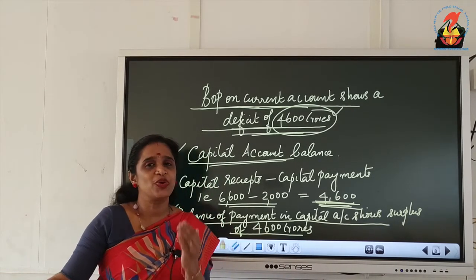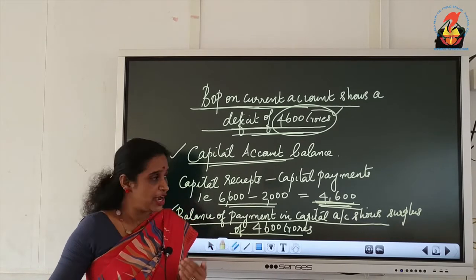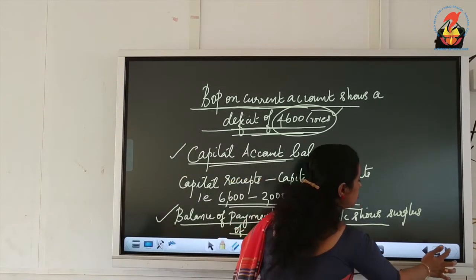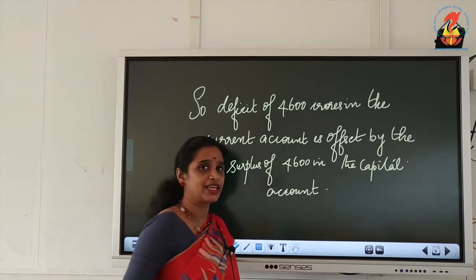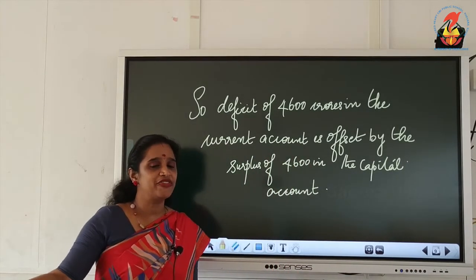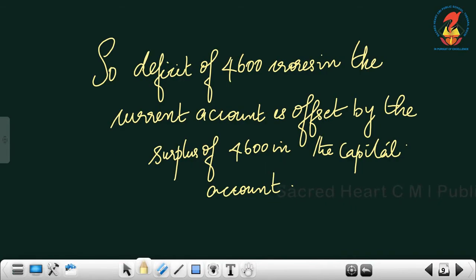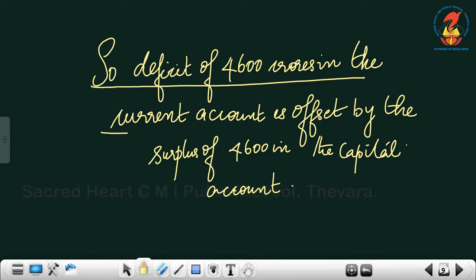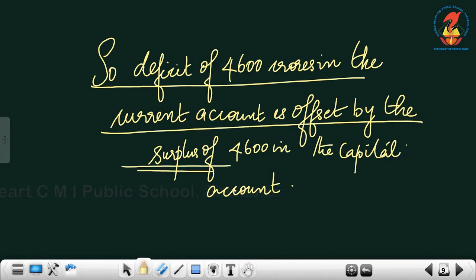Now, as there is a surplus of 4600 in the capital account, the deficit in the current account is being offset by it. A deficit of 4600 crores in the current account is offset by the surplus of 4600 crores in the capital account.